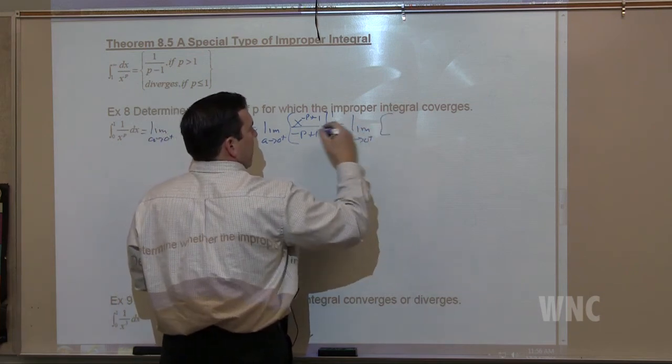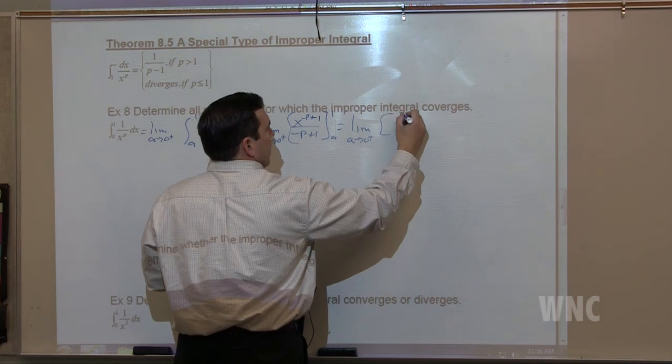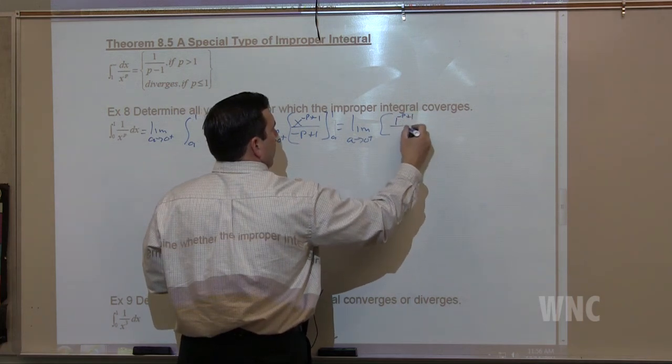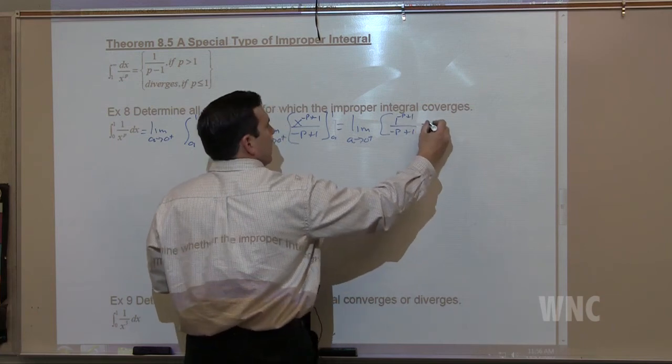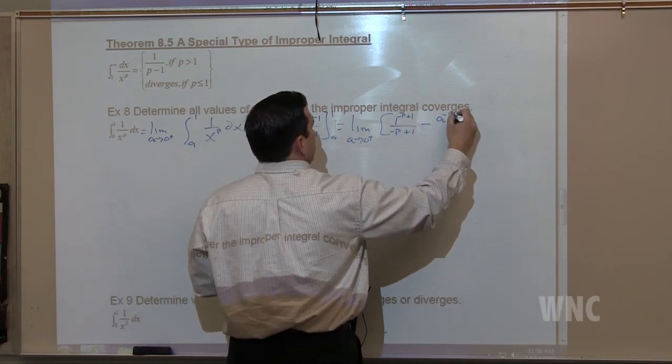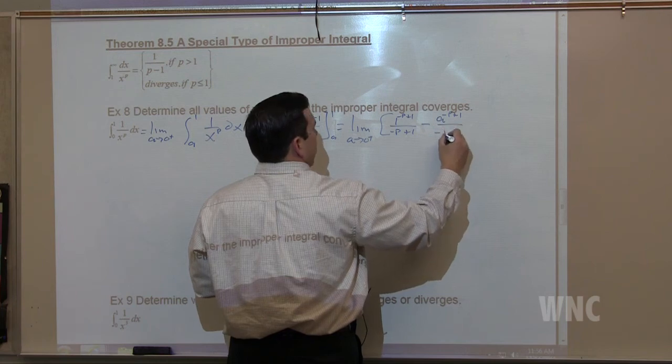And that would be 1 to the negative p plus 1 over negative p plus 1 minus a to the negative p plus 1 over negative p plus 1.